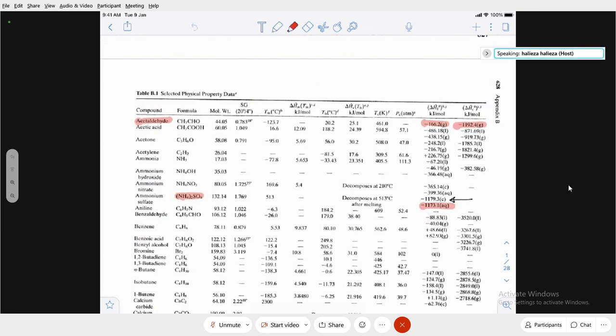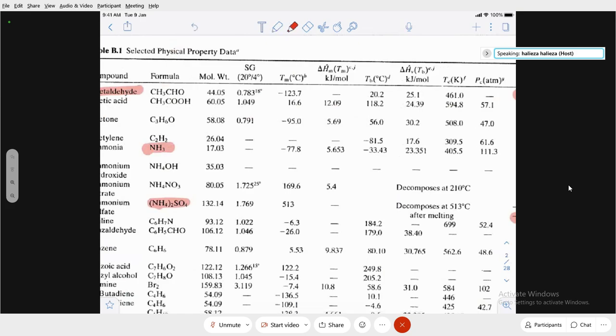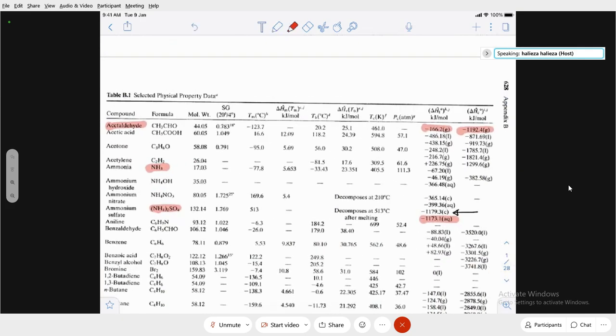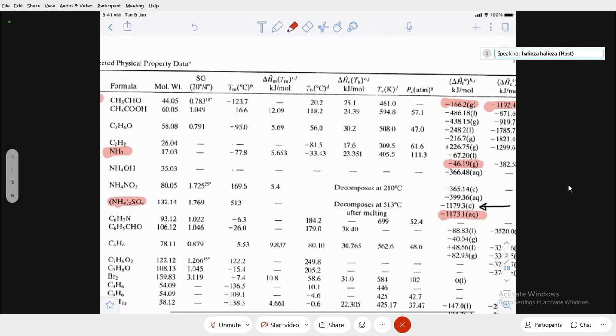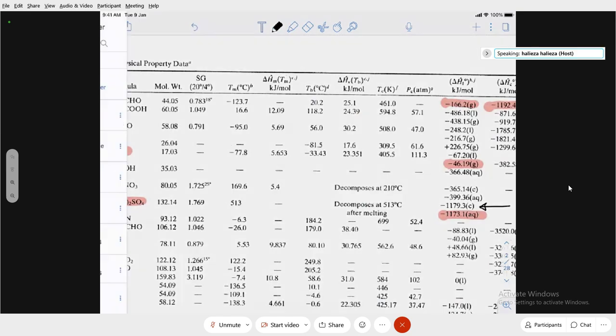Better highlight it. This is ammonia. For your gas, you have liquid, that's gas. It's minus 46.19 for ammonia gas. That's the heat of formation of ammonia gas. So let's go back to that problem and write down minus 46.19 for the heat of formation of ammonia.